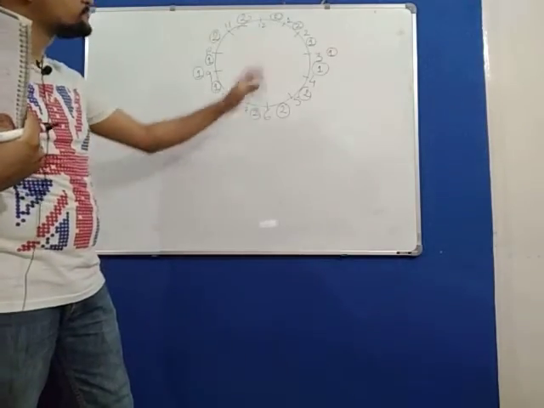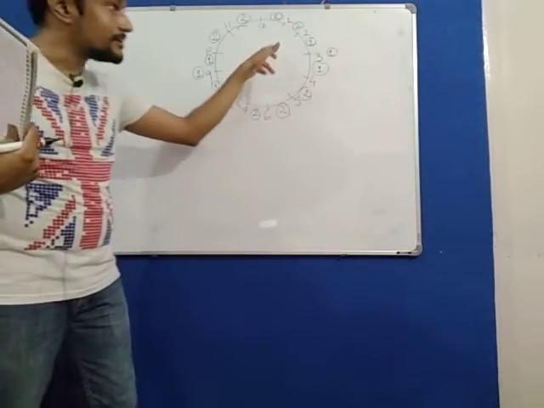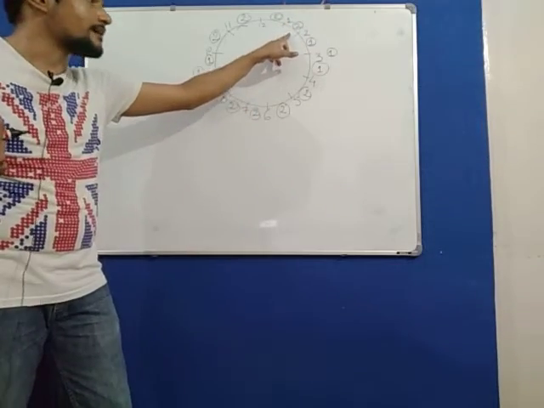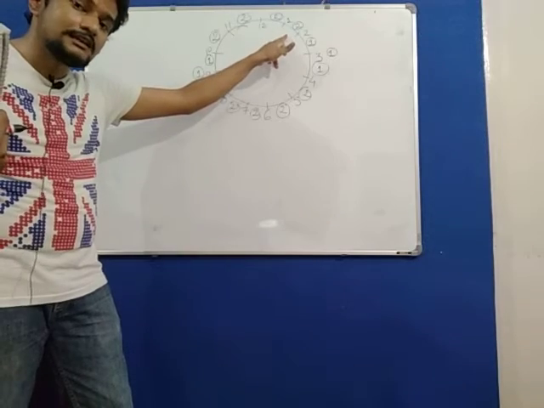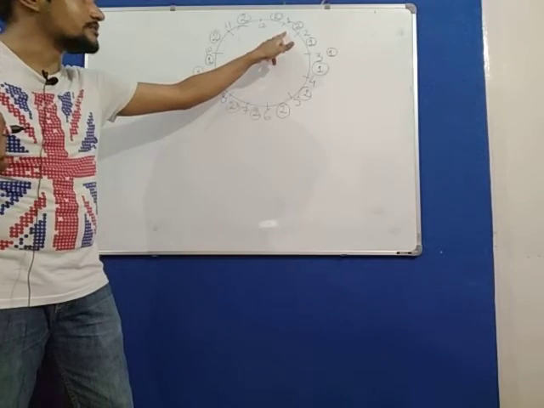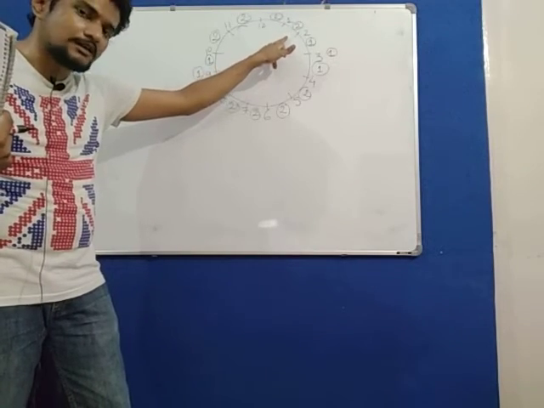Now here, the numbers that I have written encircled in black are the number of times the hour and the minute hand will be 90 degrees or right angle to each other between those two time intervals.